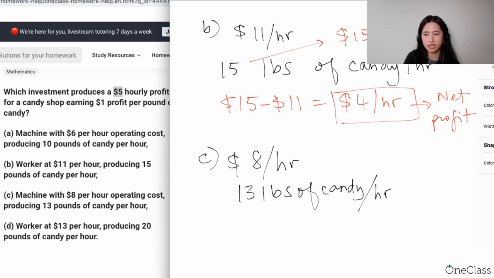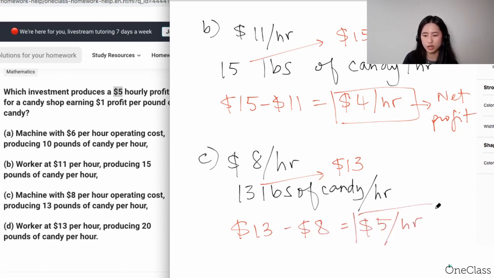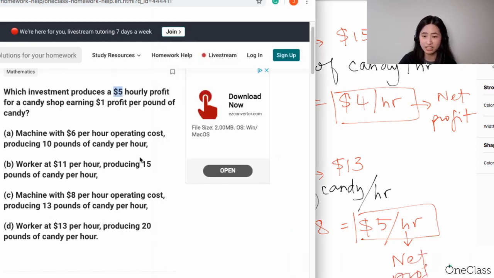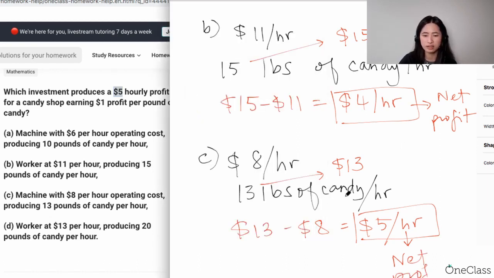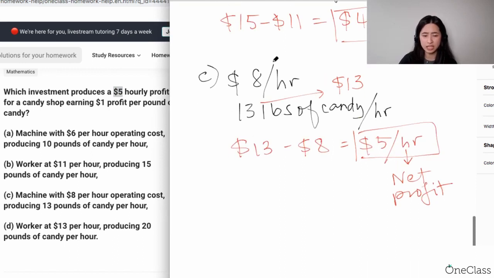As you can see, this is going to be $13. So 13 minus 8 is going to be $5. So this is $5 per hour, which is your net profit. We can arrive at the conclusion that it's going to be C, because your hourly profit for the candy shop is going to be 5. This takes into account the operating costs and also the amount that you're earning for the candy.